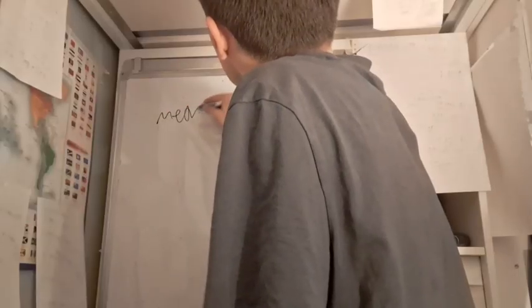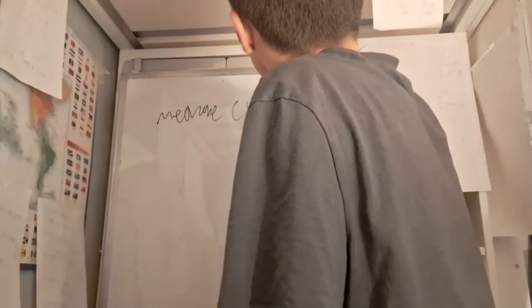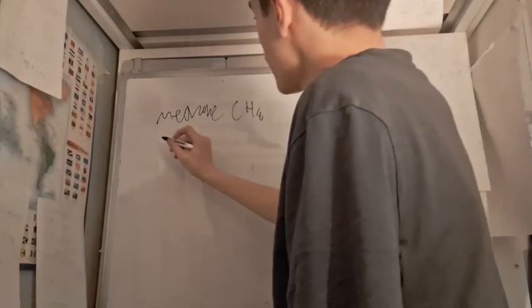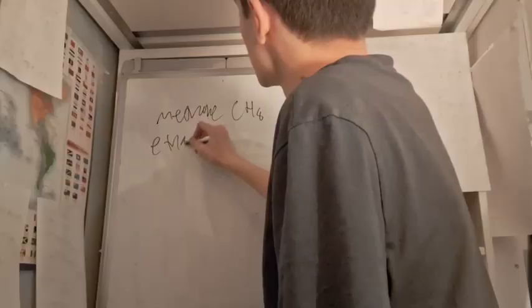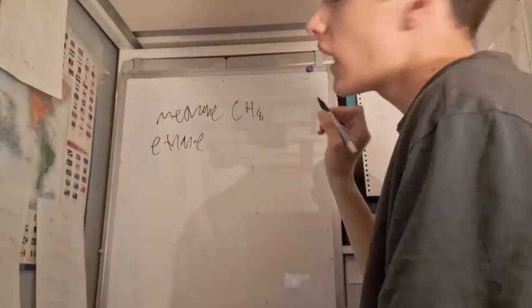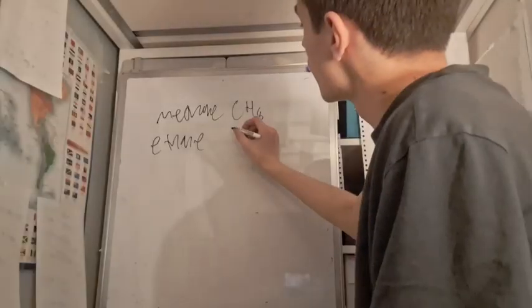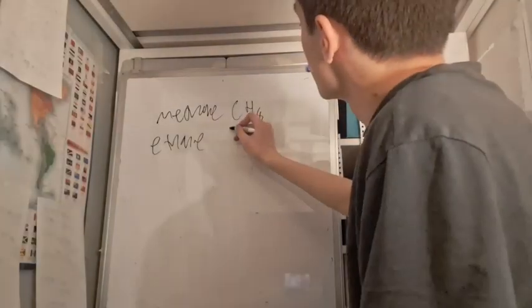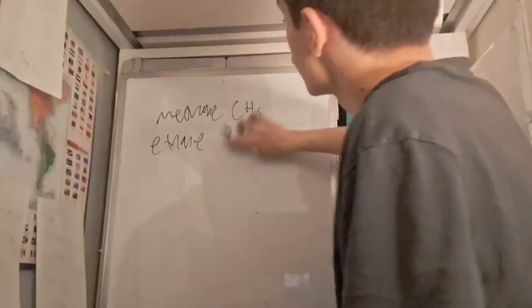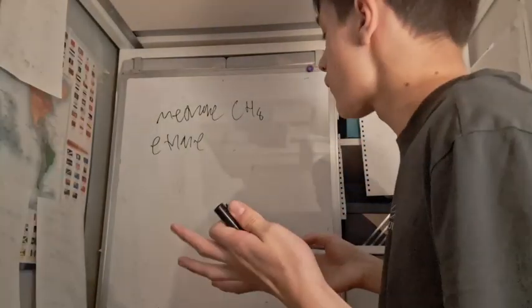Okay, so methane, as we just talked about, CH4. Now we have ethane. Can you guess what that's going to be? This wasn't the question, but actually, wait. You can guess, because it would be unfair otherwise.